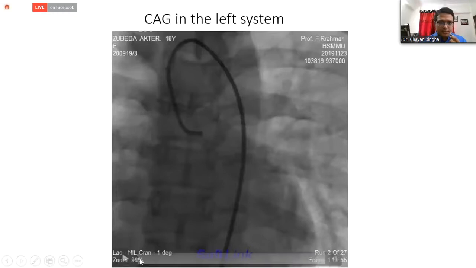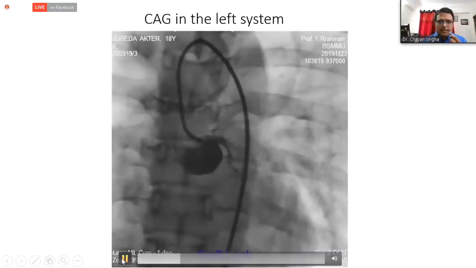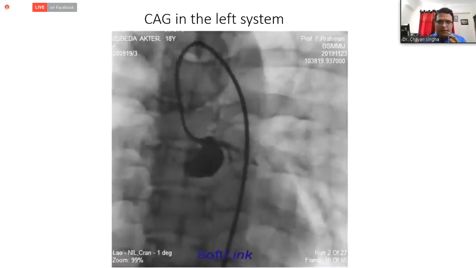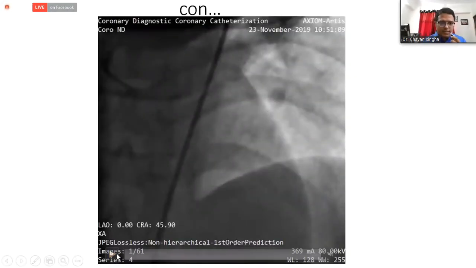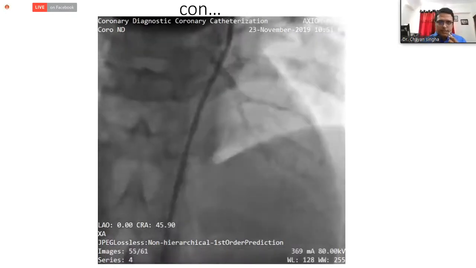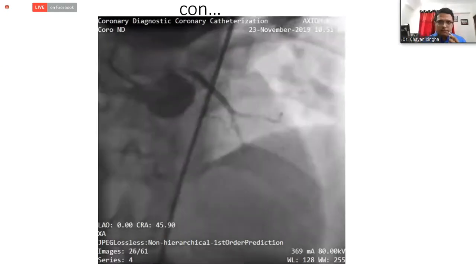In the left system, we found a critical ostial stenosis on the left main, which was further confirmed by giving nitrate, and the persisting stenosis was seen in the left main ostium.